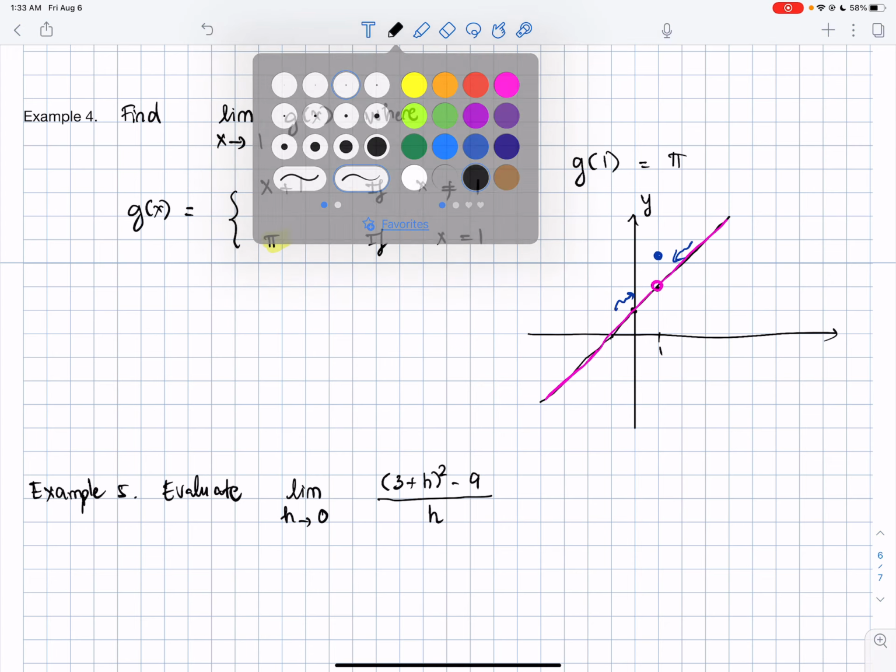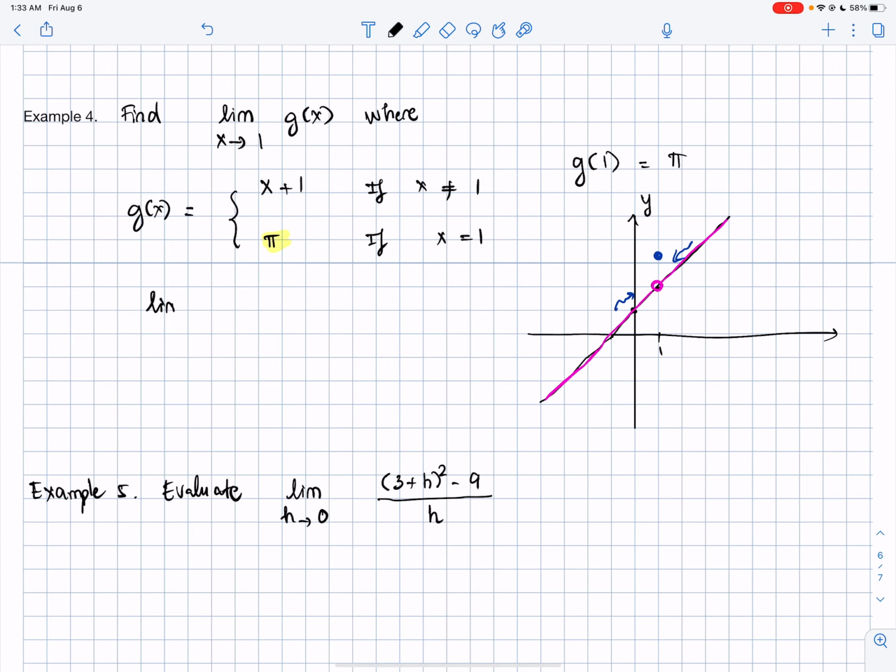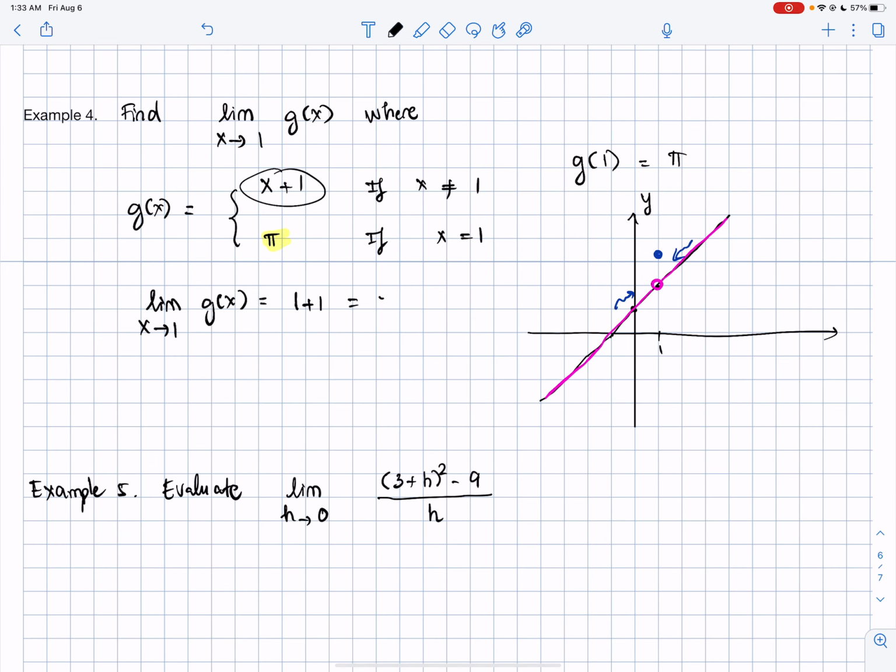Okay, so the limit when x approaches 1 of the function g of x is equal to 2. And how do we get the 2? We plug in 1 into the first one, which is the pink line. So we got the answer 2.